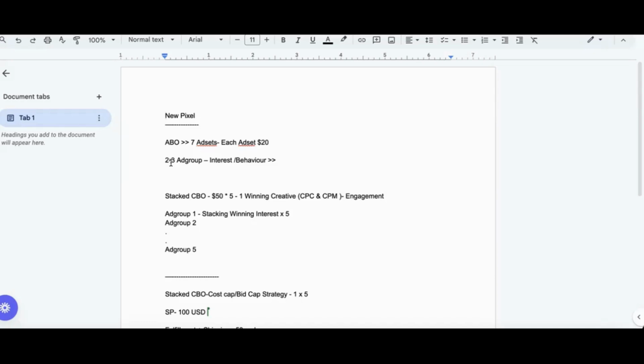Let's say I'm selling a fur jacket. I'll search jacket, maybe shirt, something directly related to the product. And then you can go for interest based, maybe people who buy online. There are different interests for online shopping, women's fashion accessories, something like this.